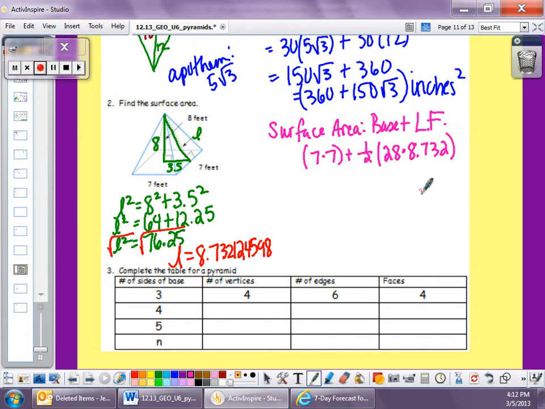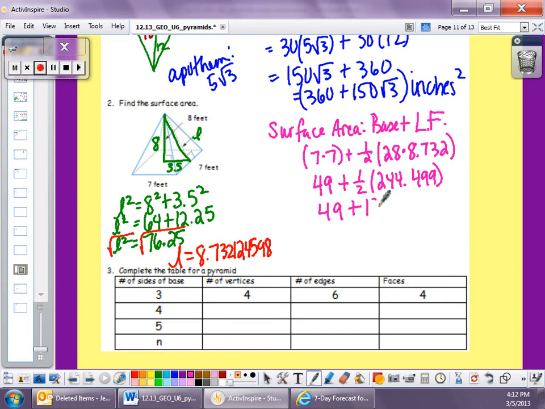But realistically, you should carry this out. So this gives me 49 plus 1/2 times 244.499. You should get this if you're still continuing to carry out all of your decimals.